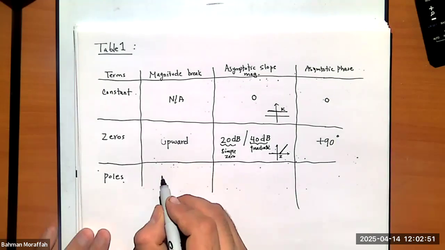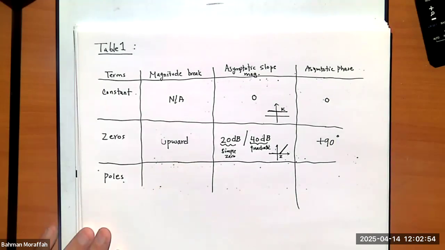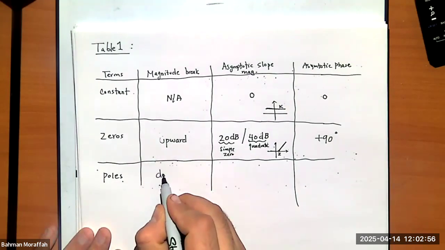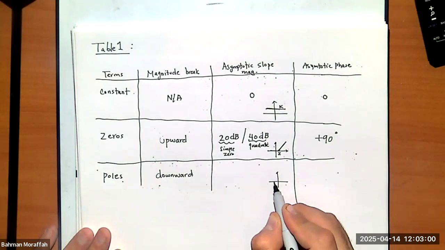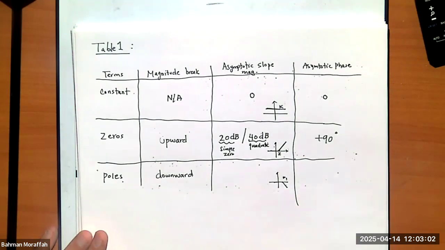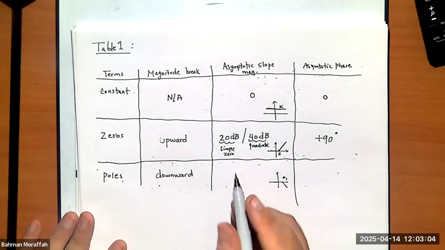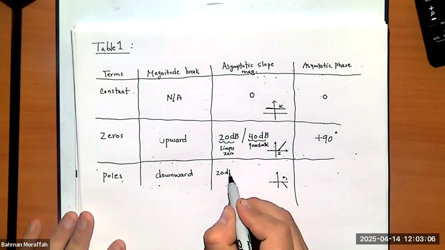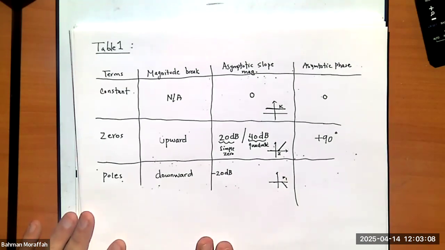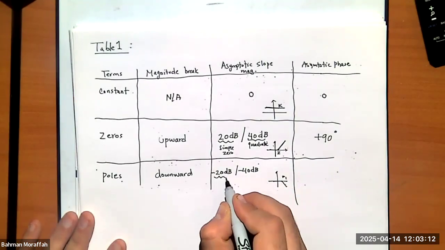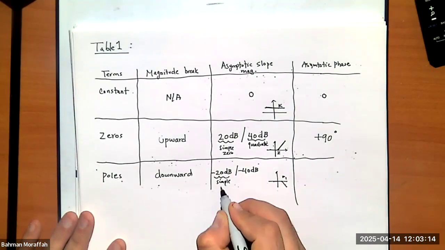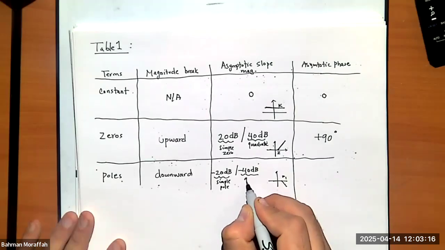For poles, the slope is always downwards. It's something like this. The slope over here is 20 dB downwards, 40 dB downwards. This is for the simple pole, and this is for the quadratic.